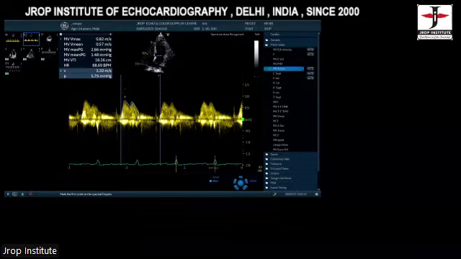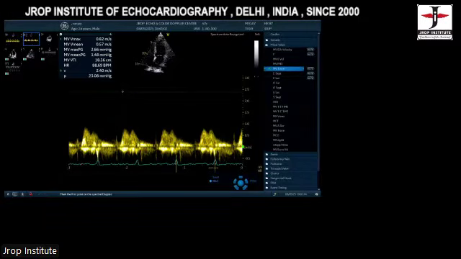If I can't measure my Doppler spectrum pattern, even by reducing my baseline down like this, if the spectrum is still high, then I use a continuous wave Doppler. Always, whenever there is obstruction of valves, we always use a continuous wave Doppler. Or whenever we look for a regurgitant velocity, like MR jet velocity or TR jet velocity, we always use continuous wave Doppler.